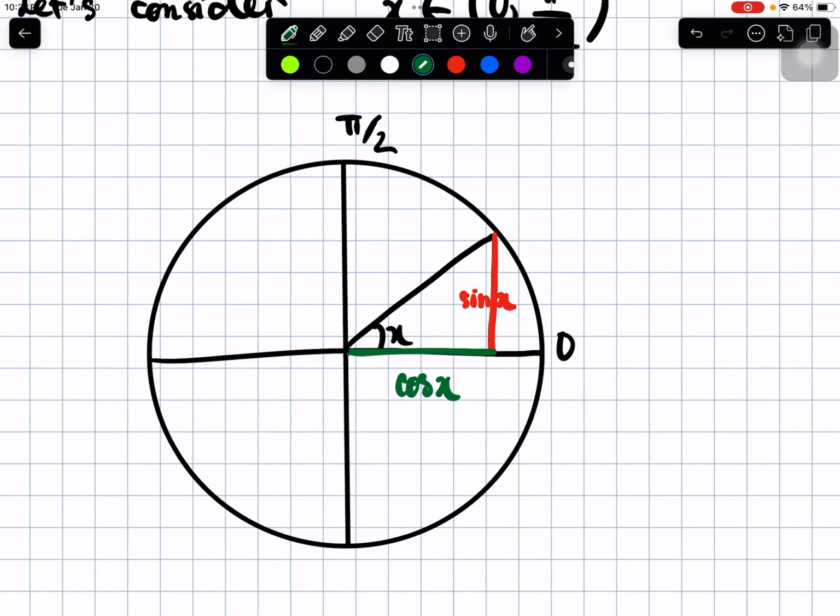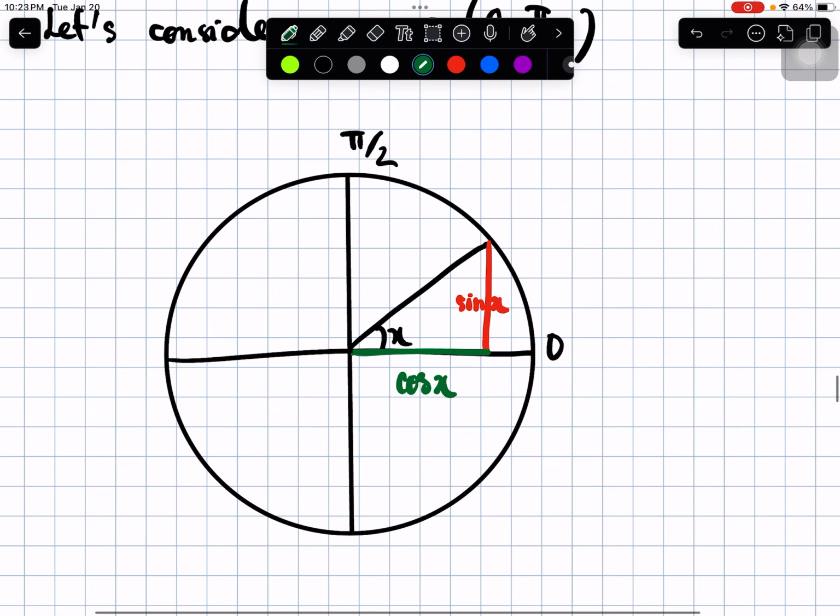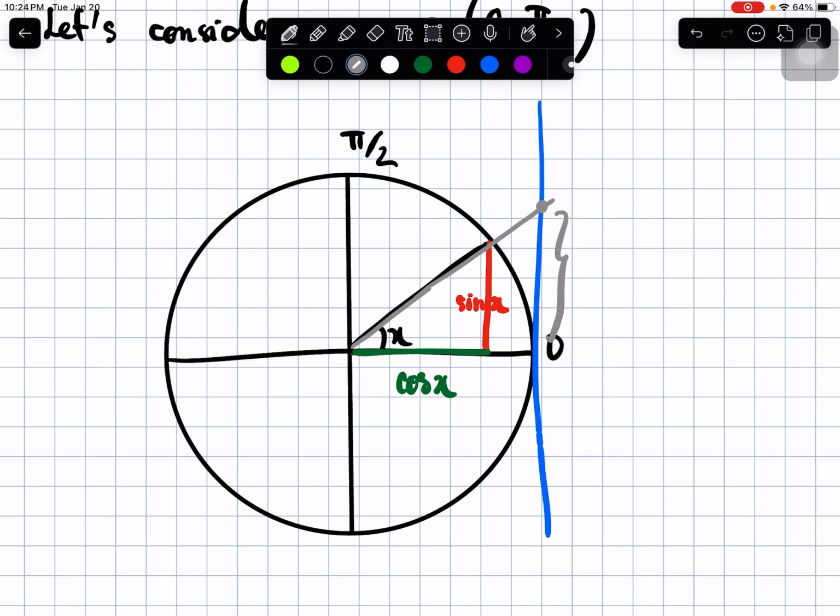And as we know before, tangent of x is, we draw the tangent line here, extend this one, it cuts at this point, and the length of this segment is tangent of x.